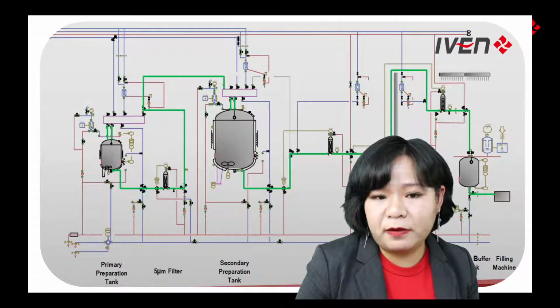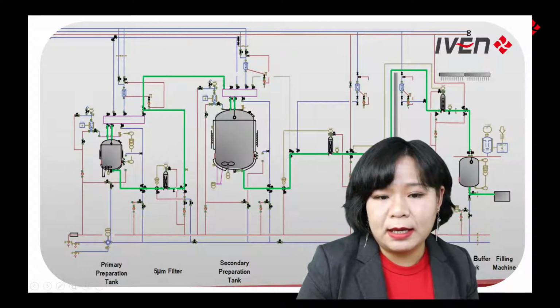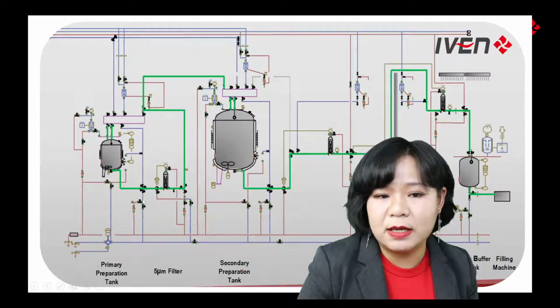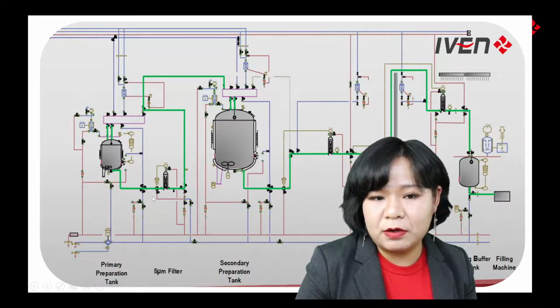This is a brief production process for the solution distribution. This is a primary preparation tank. That is the mixing tank solution, and this is the secondary. As you can see, between these two tanks, there's a 5 micron filter to filter the solutions.